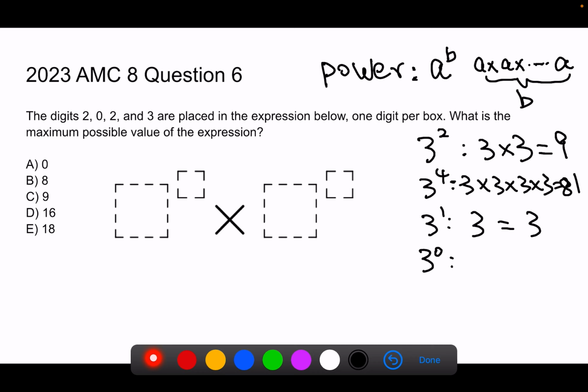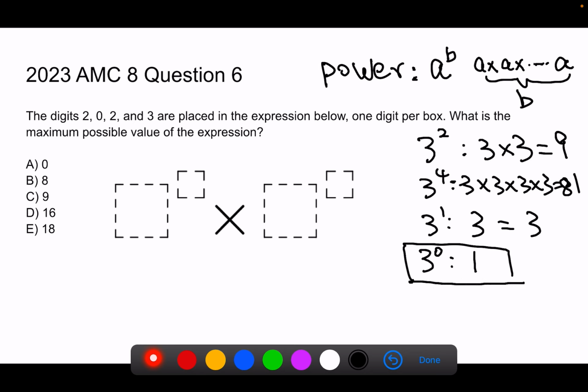One way to understand it is that when you do power calculations, you start from 1. Then you multiply by 3 if you have 3 power 1. For 3 squared, you multiply by 3 two times. So you start from 1, and that's something you will need to remember for this definition of power.